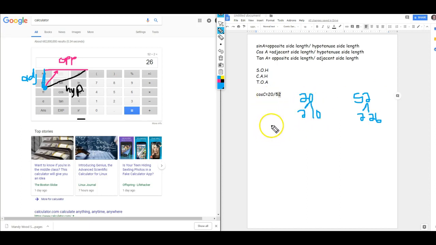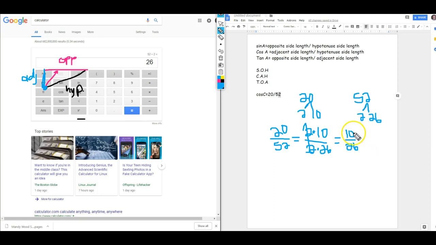So when we have 20 divided by 52, I could rewrite 20 as 2 times 10. And I can rewrite 52 as 2 times 26. Any number divided by itself can be reduced down to 1. So that actually just leaves us with 10 divided by 26.